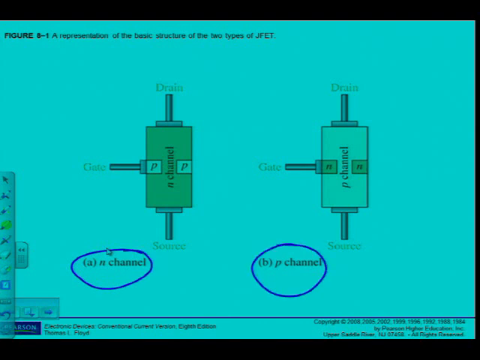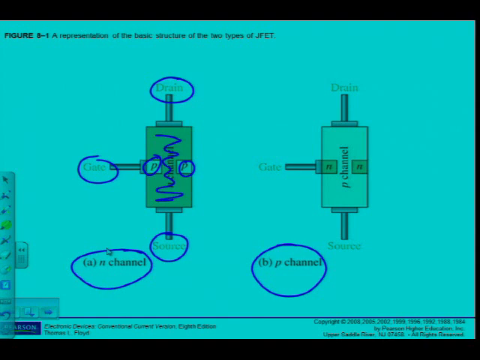I can see this is the N channel. The N channel has got a large piece of N-type material with two small pieces of P-type materials implanted in it. It's got 3 terminals, drain and source, and the gate terminal are connected to both of those pieces of P-type material. It's just drawn this way for simplicity's sake.